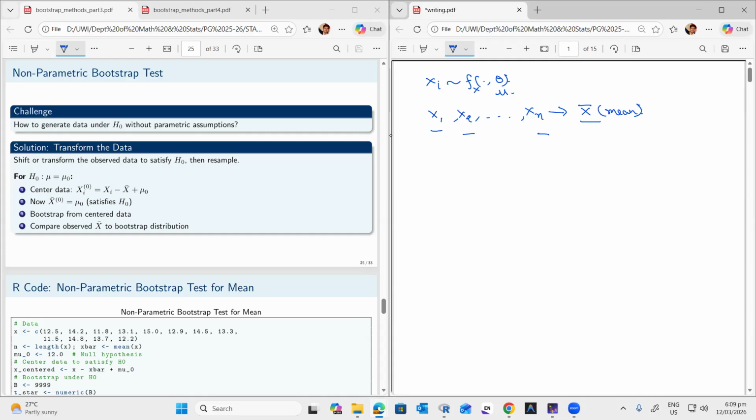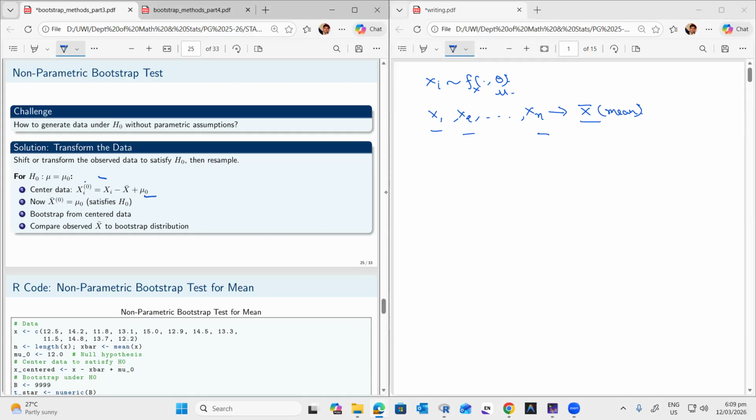After that we will add mu naught, given under the H naught, to shift the center to the null value. This transformation preserves the shape of the empirical distribution, meaning variance, skewness, and kurtosis, while aligning with its mean, that is mu naught.